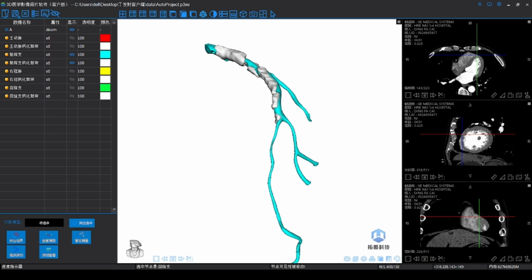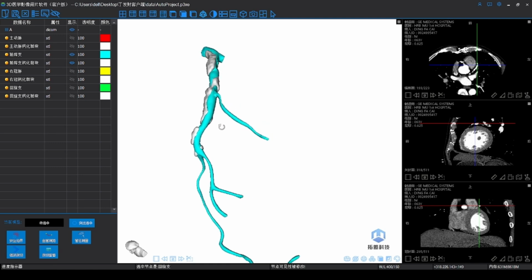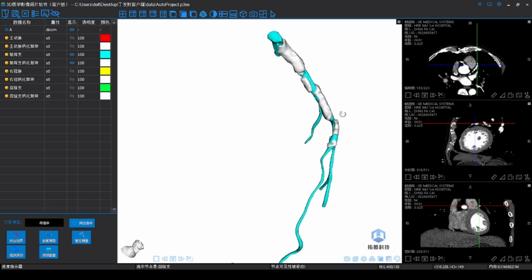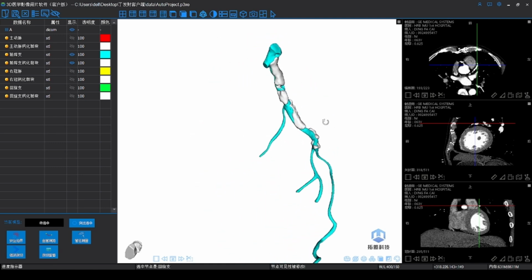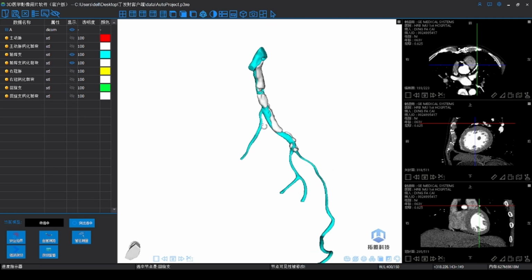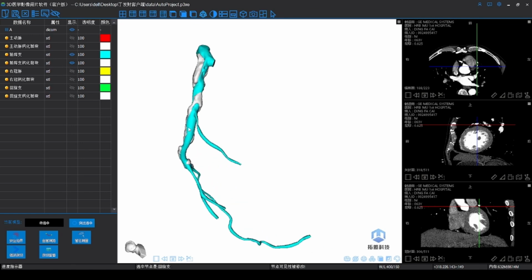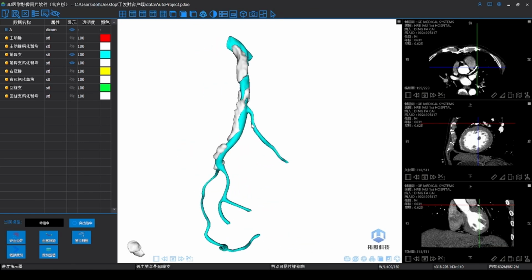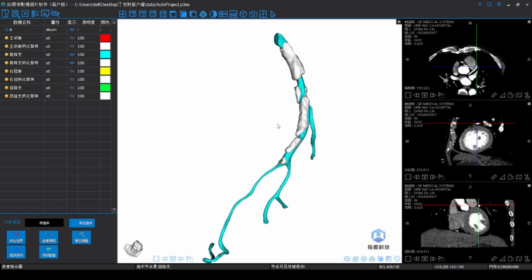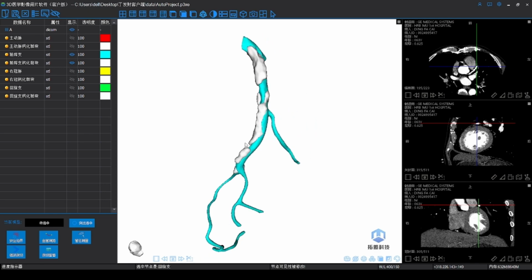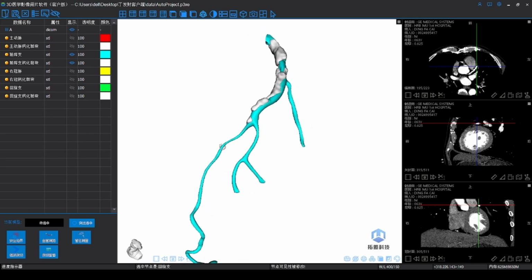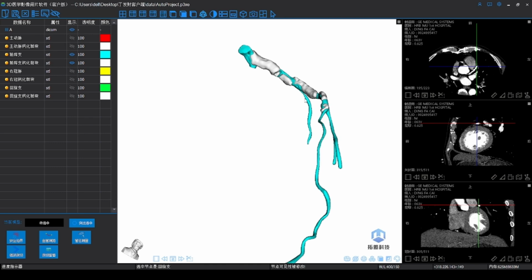We rotate the LAD image, and we can see there's severe calcification in the LAD, in some segments almost 270 degrees. This is really a severe calcification lesion.